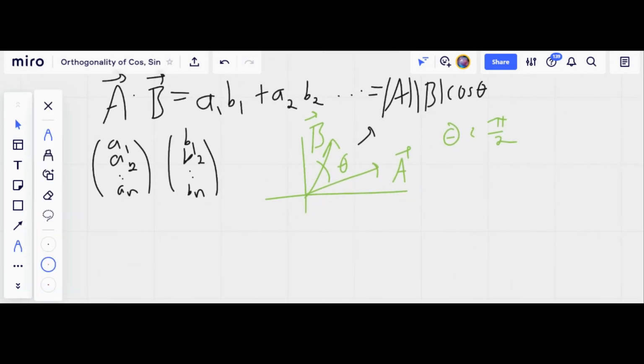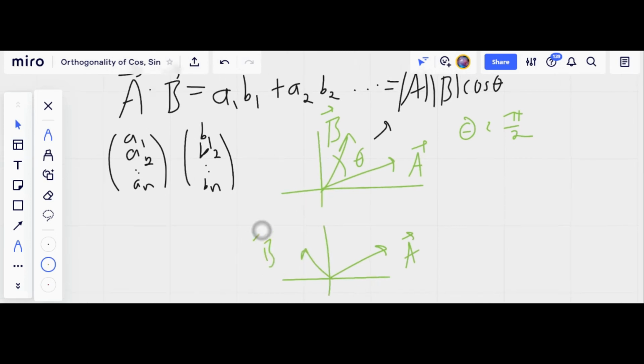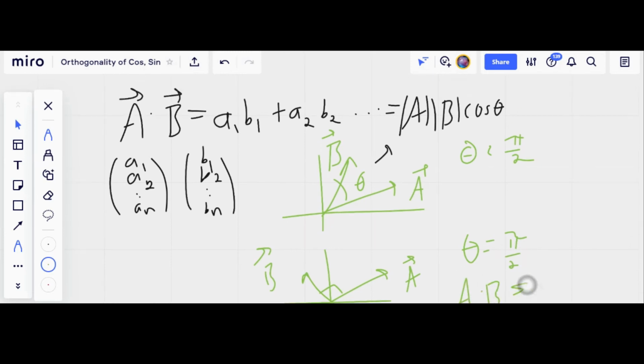Let's check the case where A and B are orthogonal, where the angle between them is precisely 90 degrees, or pi over 2 radians. So this is A, this is B, and the angle between them is pi over 2. In this case, their dot product would be 0, so A dot B is 0.